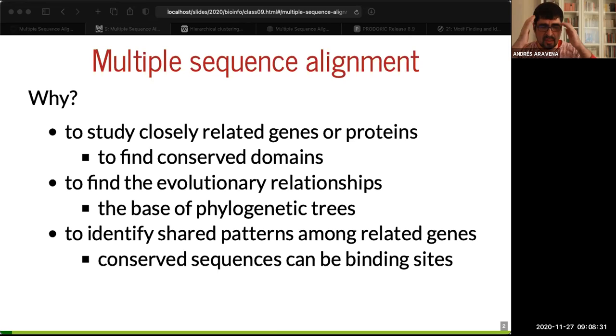But the general idea makes sense by intuition: if you put all the sequences together, check them, put the gaps in the correct place, and see which columns are conserved, you will see the important, essential parts that are conserved in all the proteins that do the same thing, and what is particular to each one.